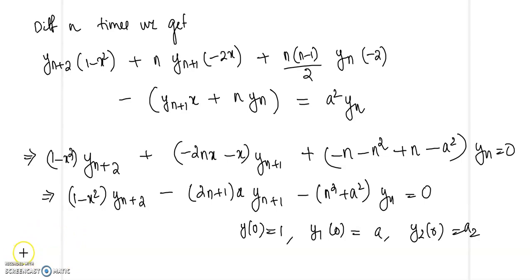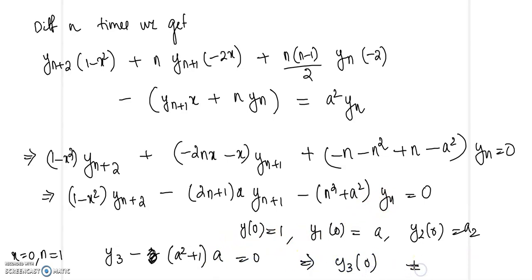We need the derivative at x equal to 0. So when x is 0 and n is equal to 1, we will get y3 minus 3, the x term is 0. So this will be a square plus 1 into y1, that will be equal to a. So y3 at 0 will be equal to a into a square plus 1.